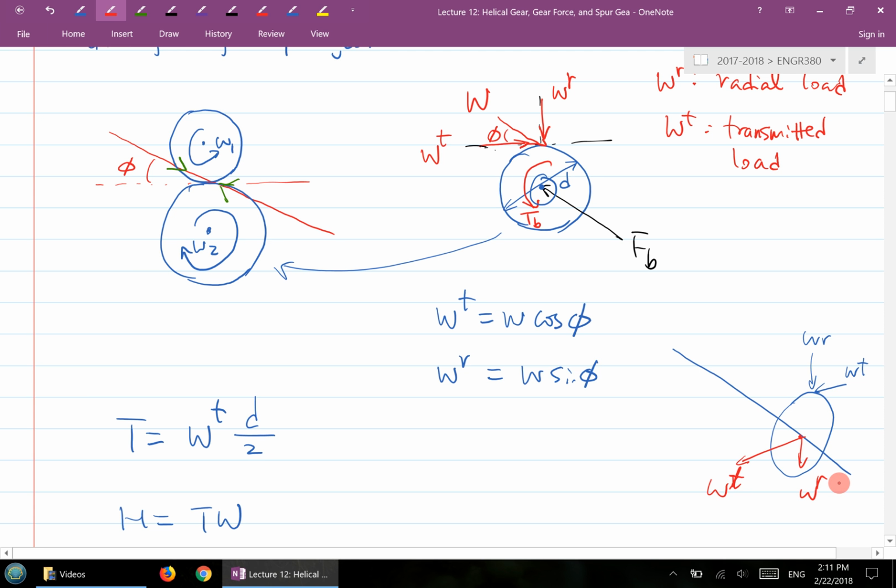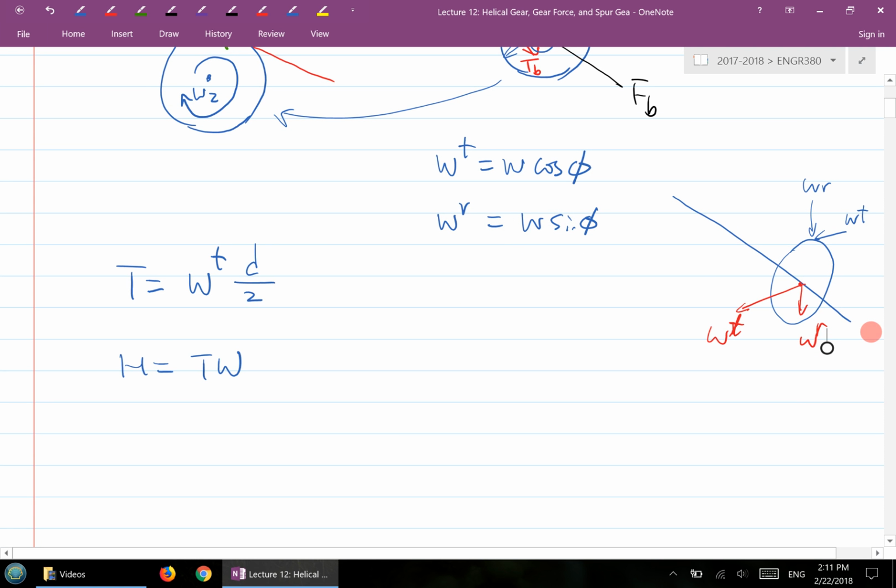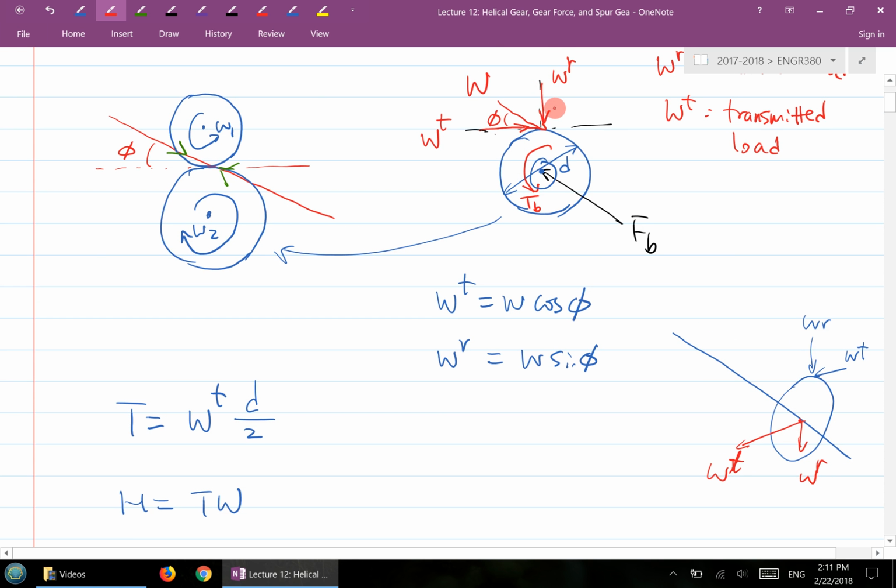That is a typical situation we call two-plane bending, which we have exercised quite a bit. So the spur gear ultimately has two forces: one is the radial load, the other is the transmitted load.